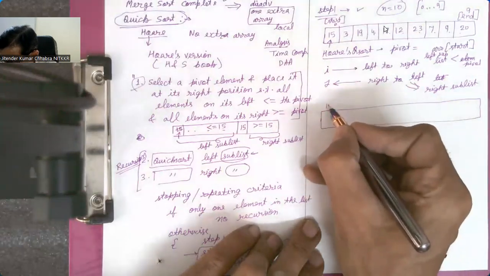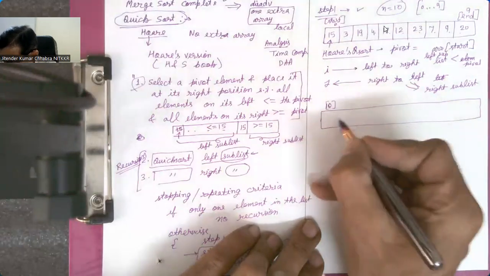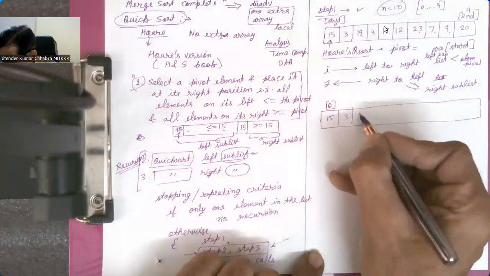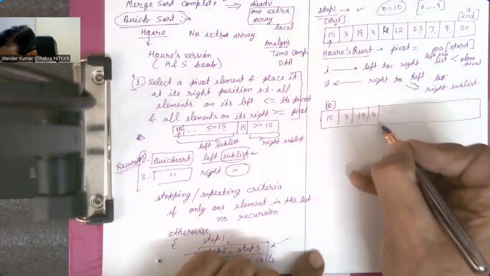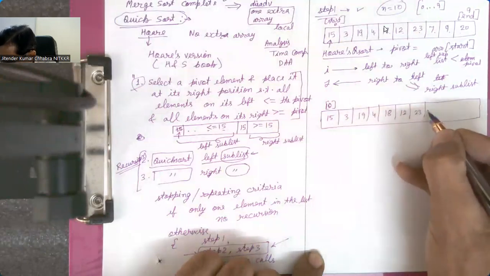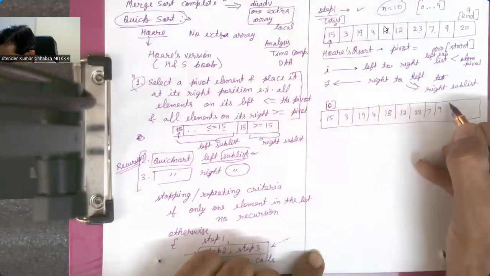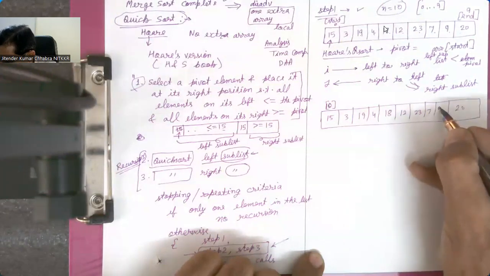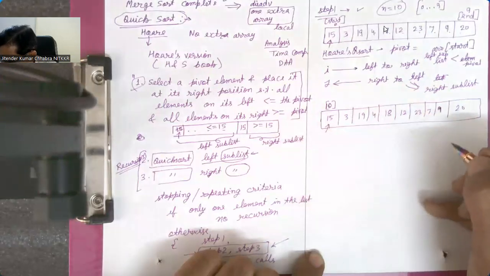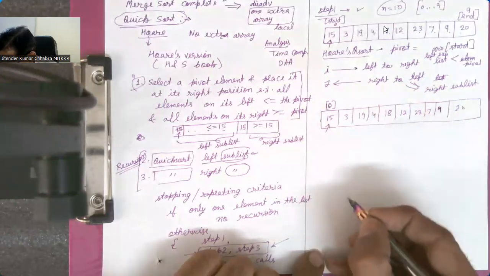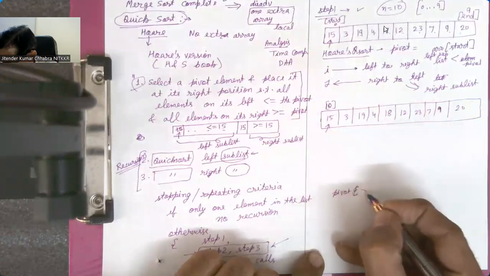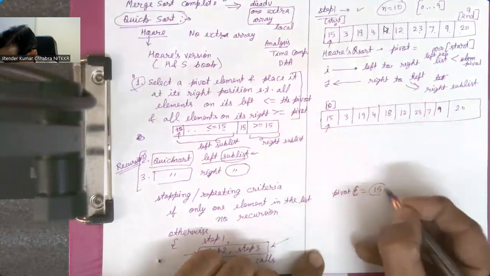So this is my index 0, our start, 15, 3, 19, 4, 18, 12, 23, 7, 9, and 20. This is taken as a pivot. So I will have one extra variable taken, which I will say as a pivot. So that will be 15.